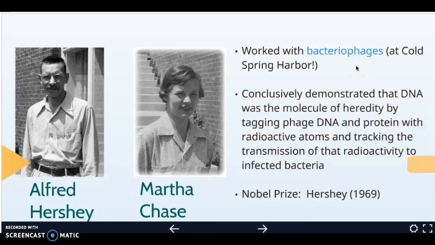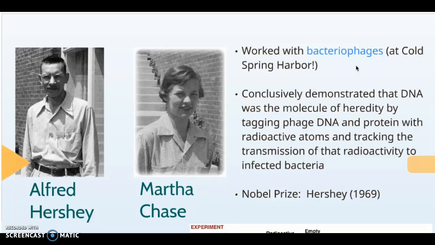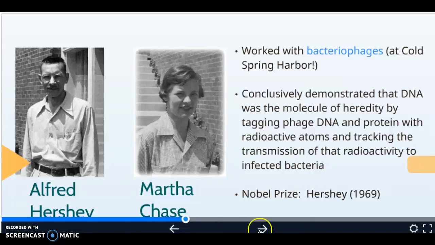I believe we've talked about phages before, but phages are viruses that infect bacteria. And viruses are strands of DNA or RNA that you can use to infuse into bacteria, and it changes the bacteria. They used these bacteriophages to determine, and what they did is they tagged specific components of the DNA and specific components of the proteins.